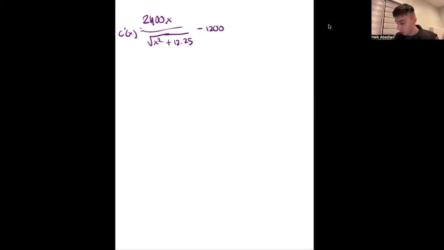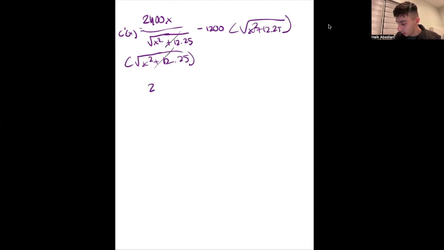The first thing I would do is multiply the bottom half, because we do one thing to one side, we do it to the other. Actually, we want to make this equal to 0.